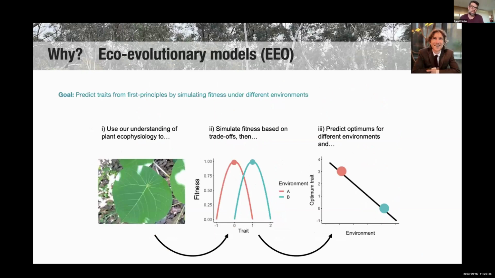The second part of our work is on understanding why these shifts happen, and here we use an eco-evolutionary modeling approach where the goal is to predict the traits from first principles by simulating plant growth and fitness under different environments.